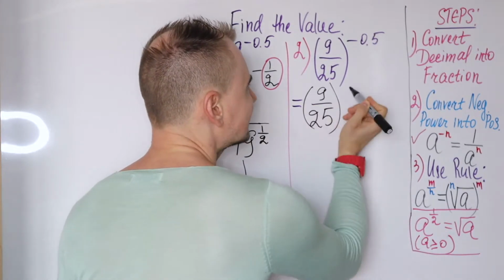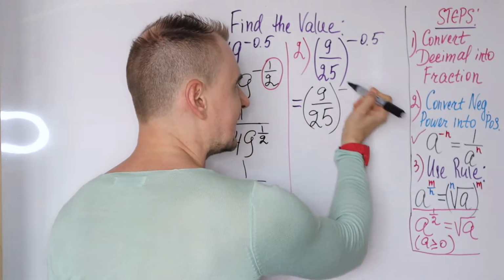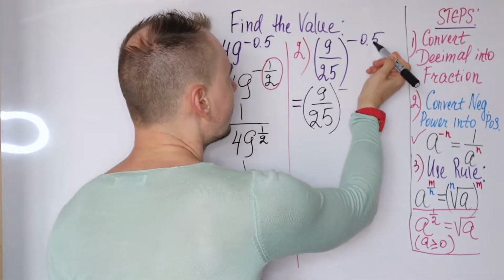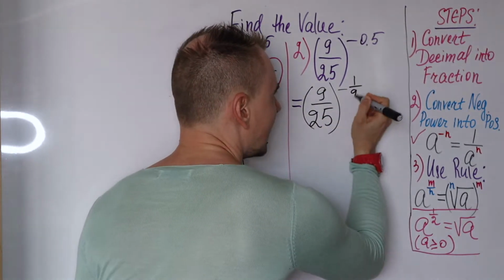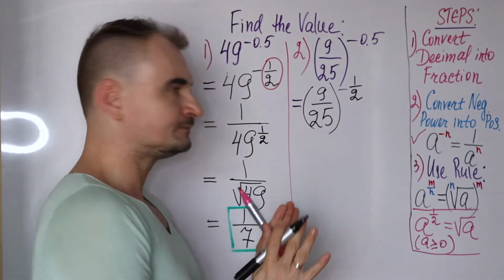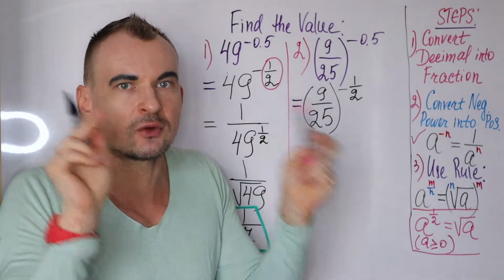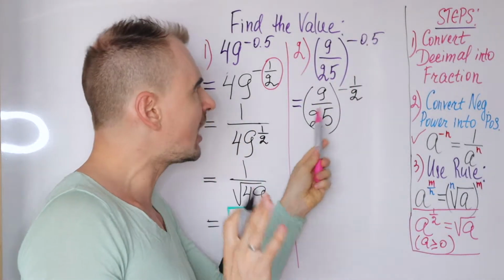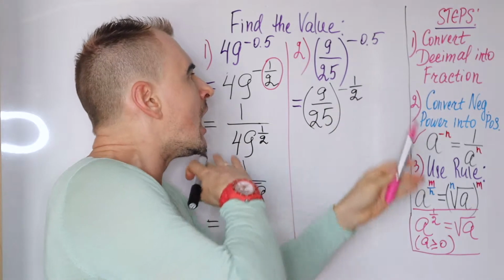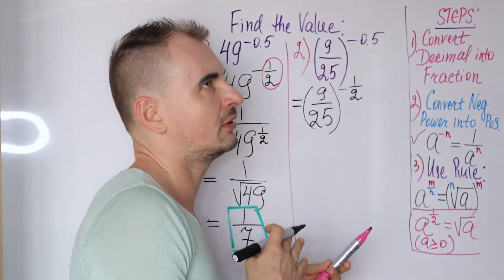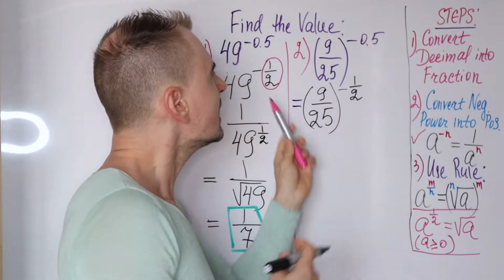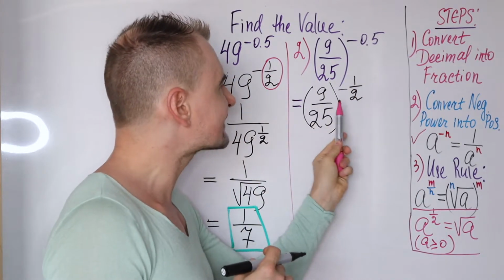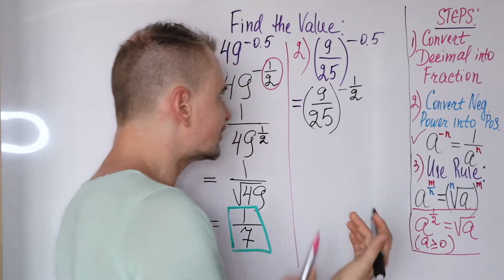And at this point you still keep this negative power. And 0.5, as I did before, is just a half power. So we got rid of this decimal, and we rewrote this power as a fractional power.